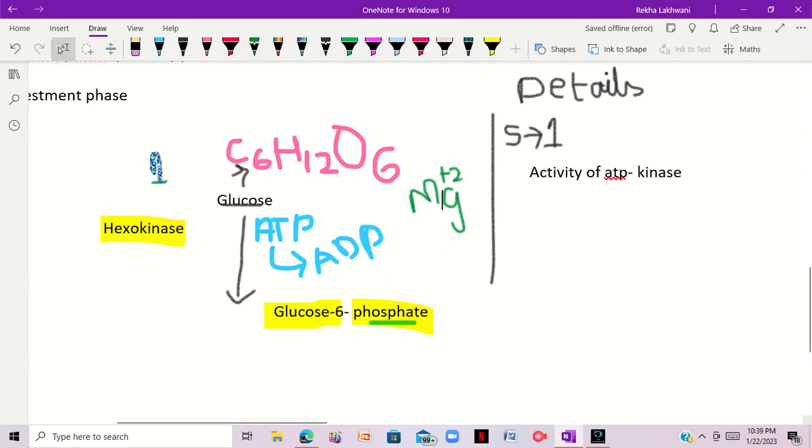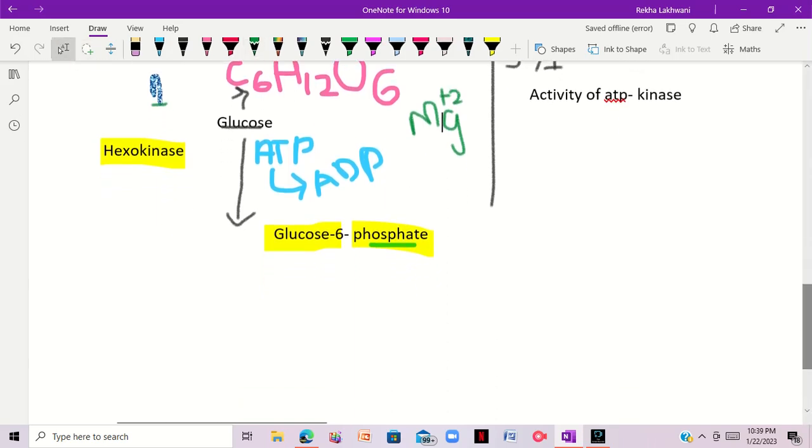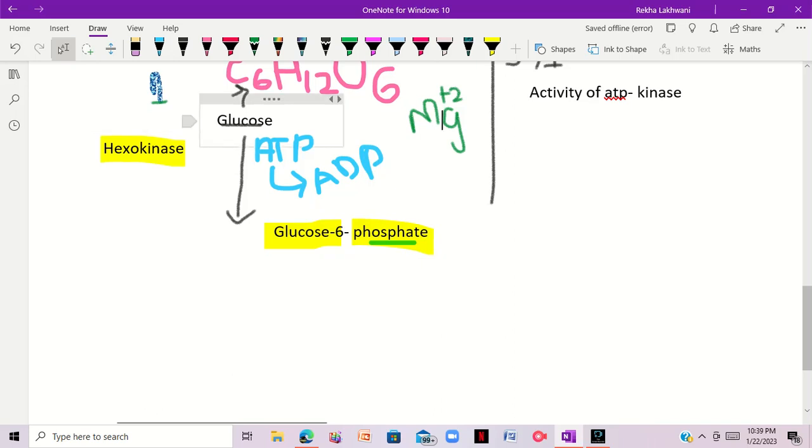The second step: here we have glucose converted to glucose 6 phosphate. Now this glucose 6 phosphate is converted into fructose 6 phosphate.